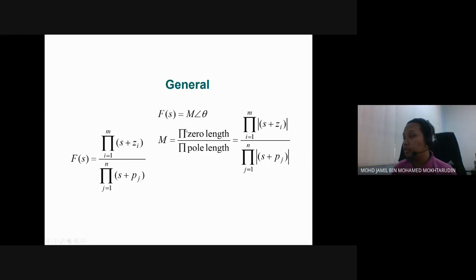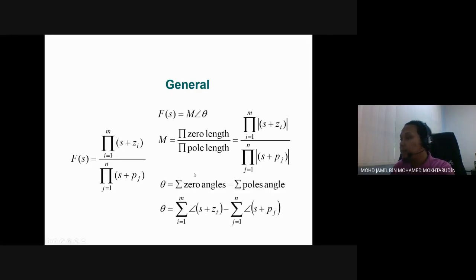So this symbol is product. So the product of the length of zeros divided by the product of the length of poles will equal the magnitude of the new complex number f. So this symbol, big pi here, is product, okay? Product of the length of zeros divided by product of the length of poles will equal the magnitude of your transfer function f.